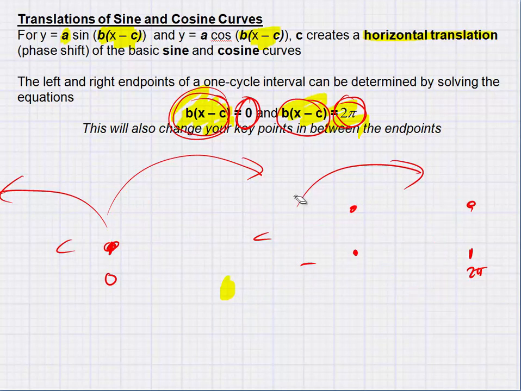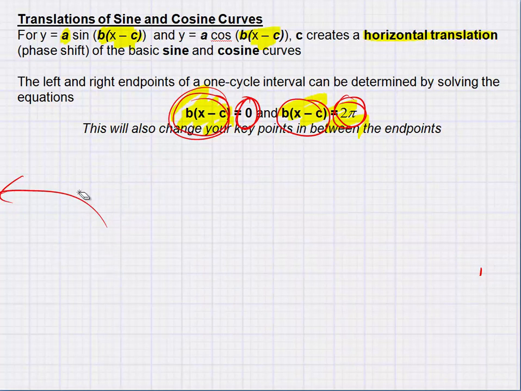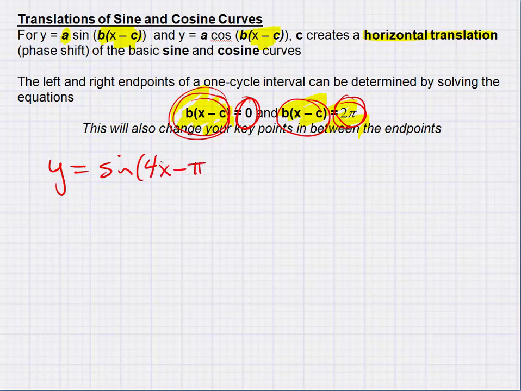So, if I give you an example, alright, say y equals sine of (4x minus pi). I'll put parentheses because that's going to be important. I'll talk about that in a second.